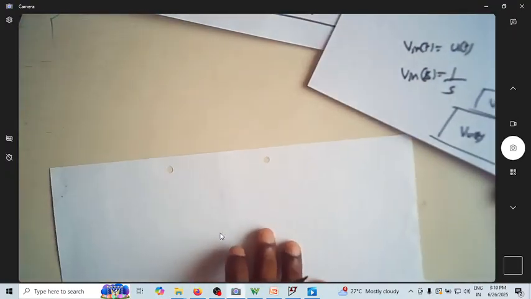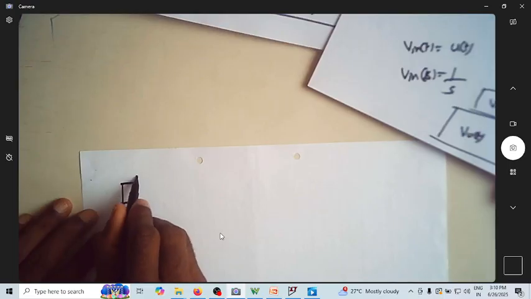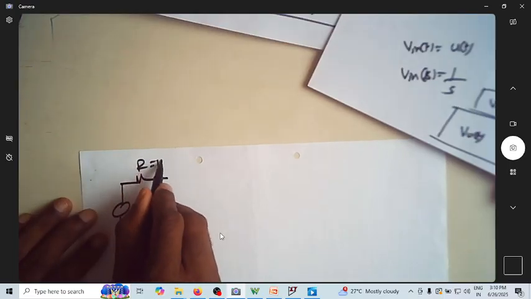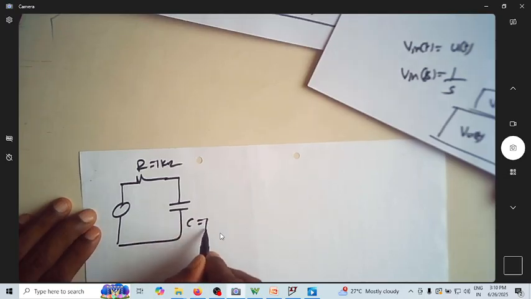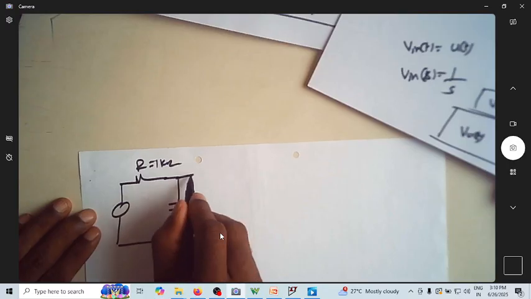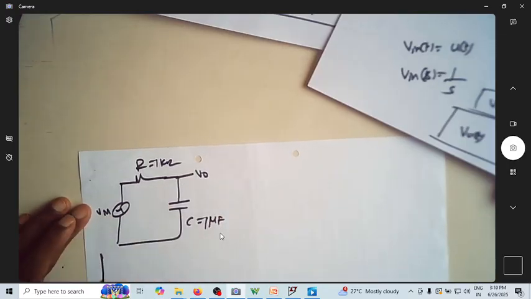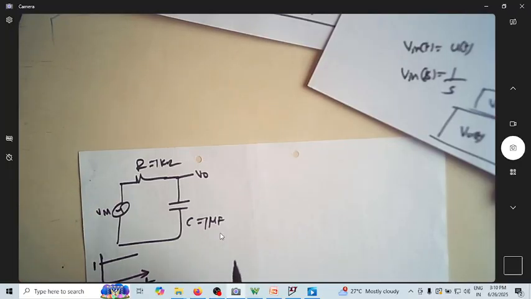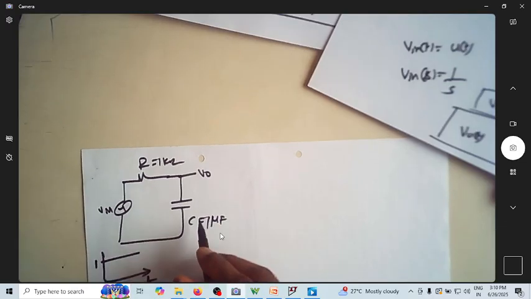Now let us take a particular example: R is equal to 1 kilo ohm and C is equal to 1 microfarad. This is V naught, this is V in, this is a step input, which is 0 until t equals 0 and 1 after. Now I want to know what the output is.